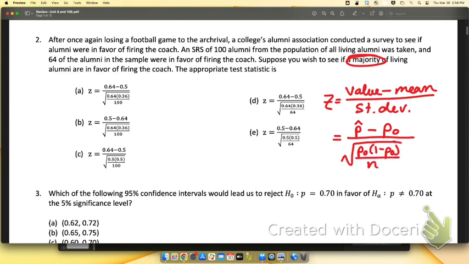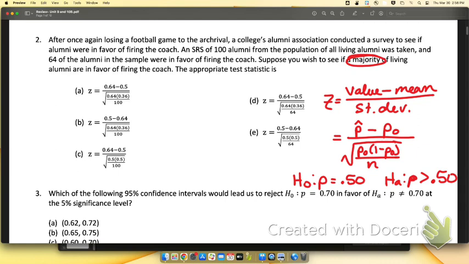So our hypotheses, right? Our null hypothesis would be that P equals 50%, meaning that there's not a majority. It's just 50-50 want to fire the coach. The alternative is we're trying to see if a majority are in favor of firing the coach. So the proportion that want to fire the coach would have to be greater than 50%.